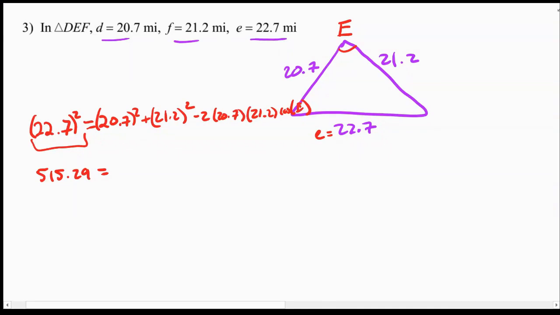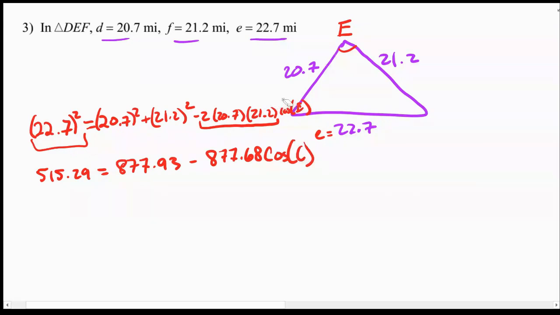And 20.7 squared plus 21.2 squared is 877.93. And then all of this, so 2 times 20.7 times 21.2 is very close to the same thing, 877.68 cosine of the angle we're looking for.